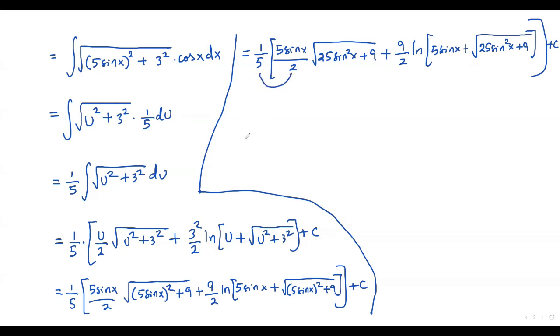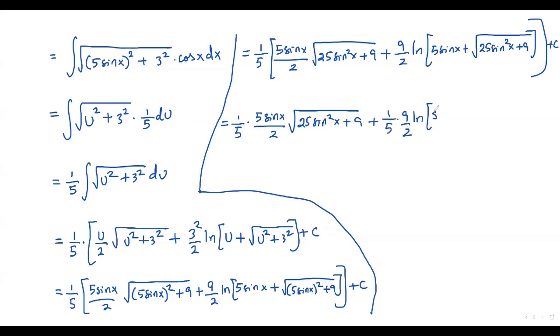When I distribute it to this, I'm getting 1 over 5 times 5 sin x over 2 times the square root of 25 times sin square x positive 9, positive. Then distributing it to this, I'm getting 1 over 5 times 9 over 2 times ln of 5 times sin x positive the square root of 25 times sin square x positive 9, positive c.